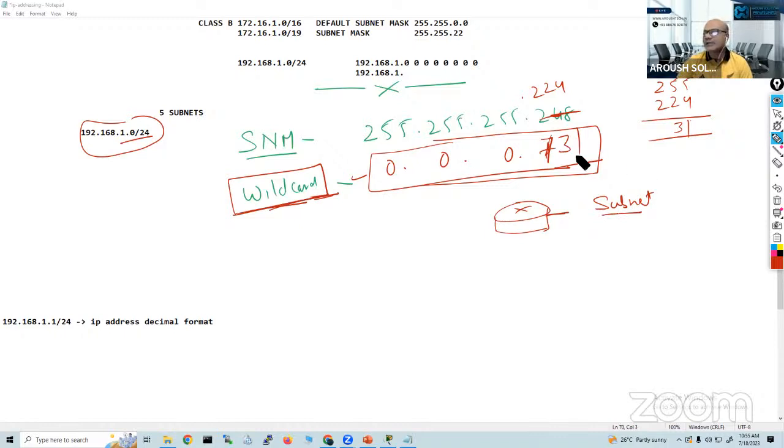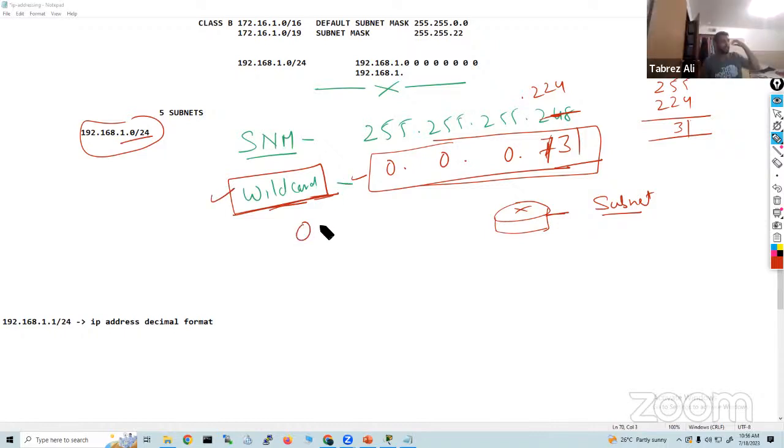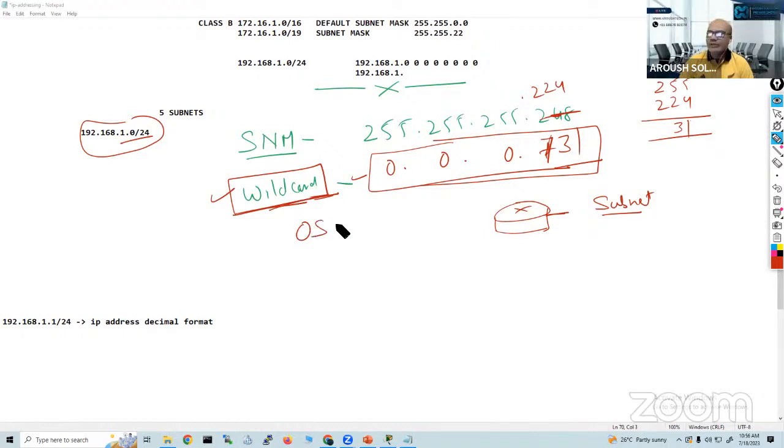So if you use maybe 31, 32, your value gets changed. That's the reason we are using the wildcard mask. So I think you noticed. Especially for OSPF, when you configure, we configure by using the wildcard mask. We'll do the lab now. Basic lab we'll do today.